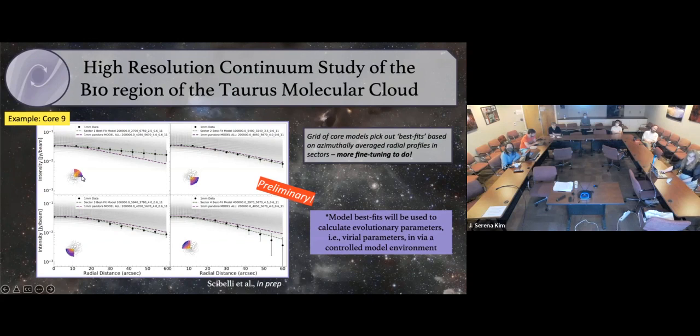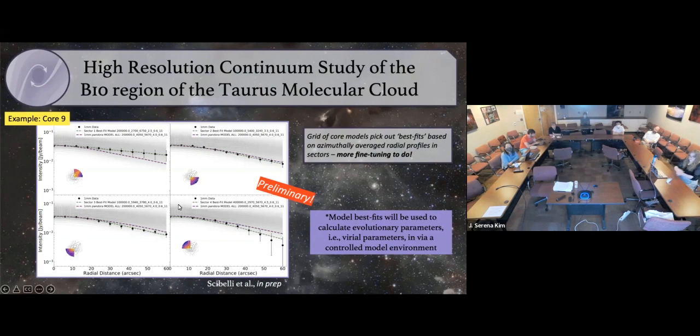And so you can sector off and see which model, given the best central density, radius, opacity, fits the data. So this is, again, the intensity versus radius. So different radial profiles for different cores, and you have best fits for each individual. And then we also have best fits for all of the different sectors.